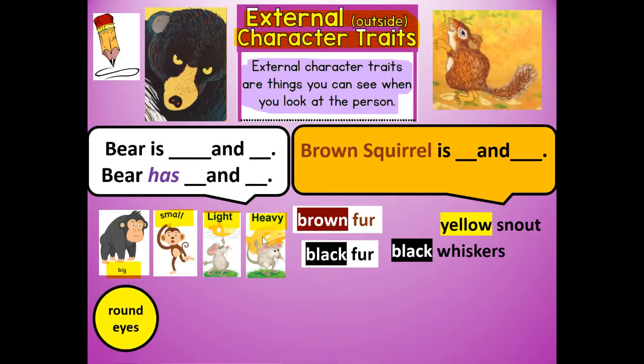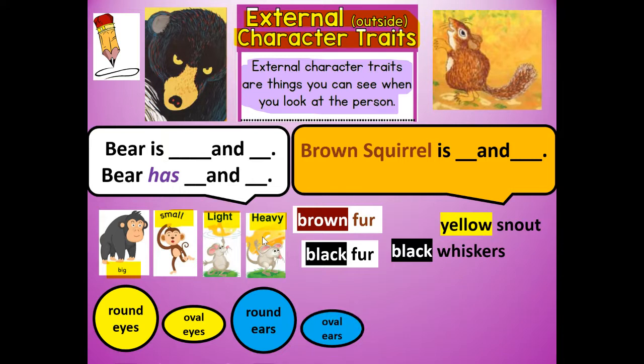So we're still going to talk about bear. Does bear have round eyes or oval eyes? So this could be a third sentence. Bear has round eyes. And then does he have round ears or oval ears?